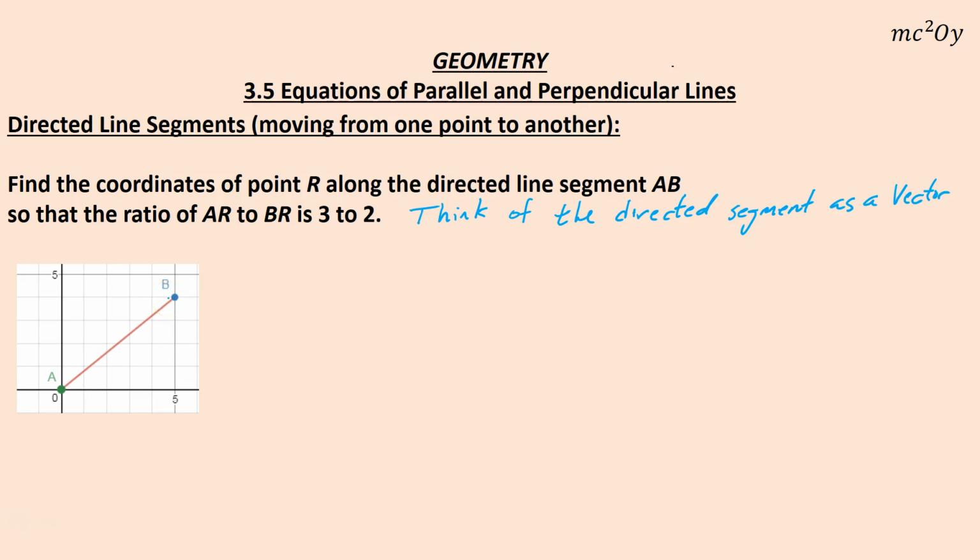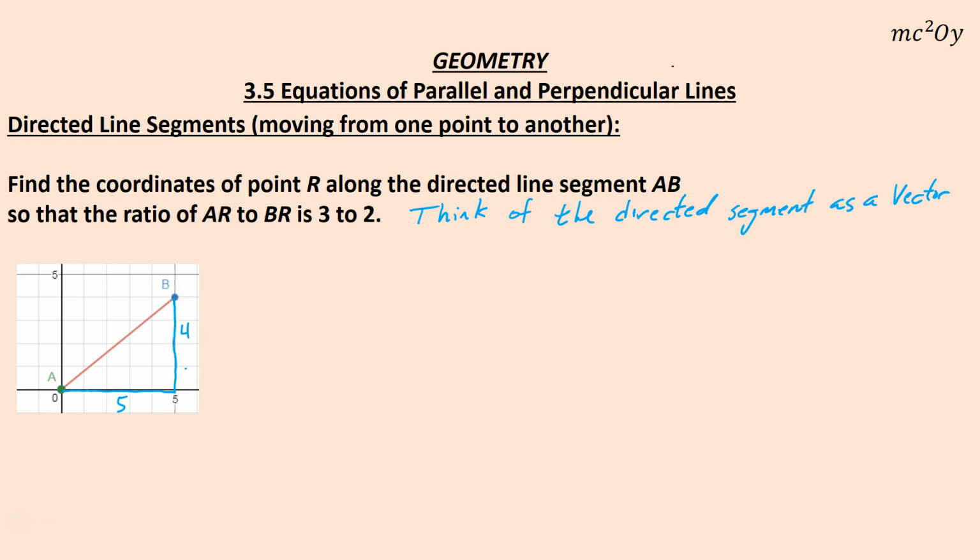For those of you who don't know what a vector is, it just shows magnitude and direction. If vector confuses you, we're just going to think of this as a line that has some slope to it. And I'm going to identify that slope right away. I'm going to go from A to B, and I'm going to say that slope is 5 on my run and 4 on my rise.